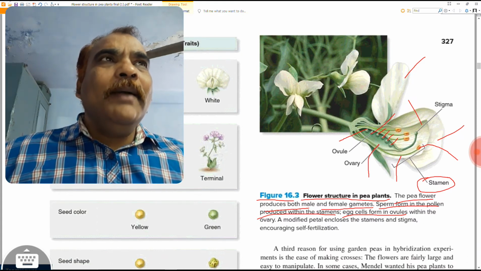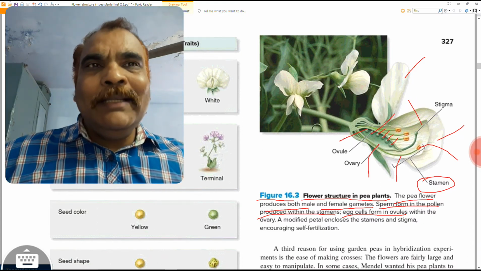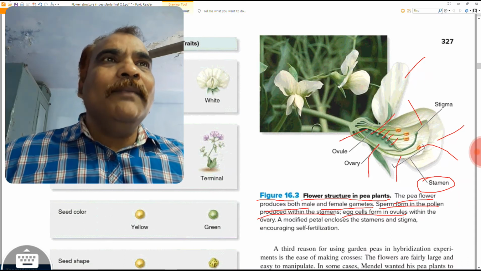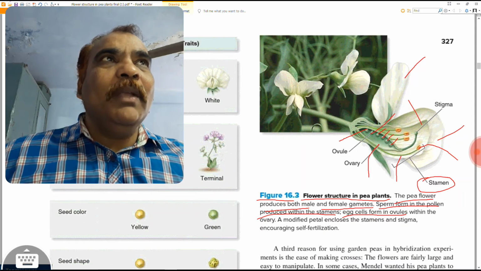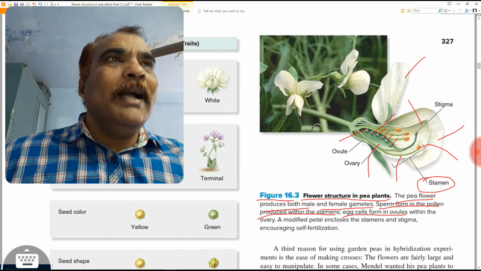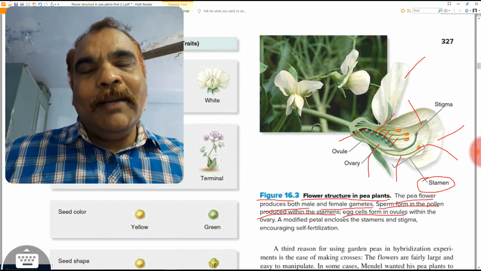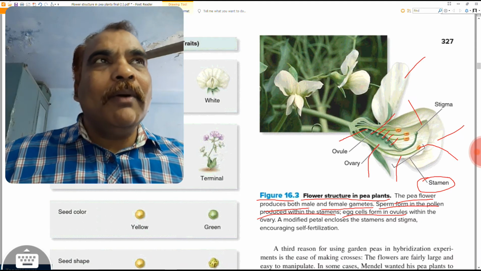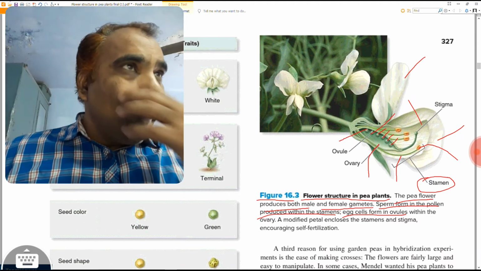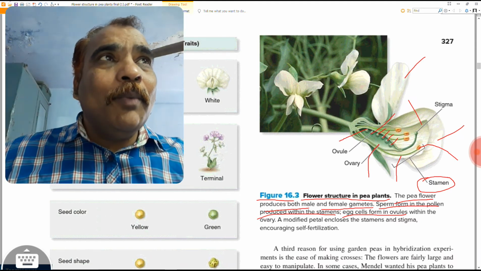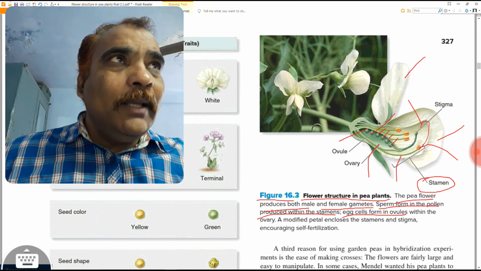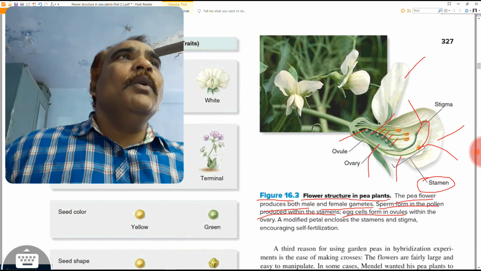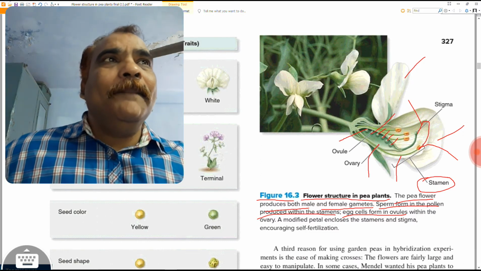That's why it becomes very easy for the pea plant flower to self fertilize, because the arrangement is such that it encloses the male and female reproductive organs. So it becomes very easy for the pollen grain to fall over the stigma.